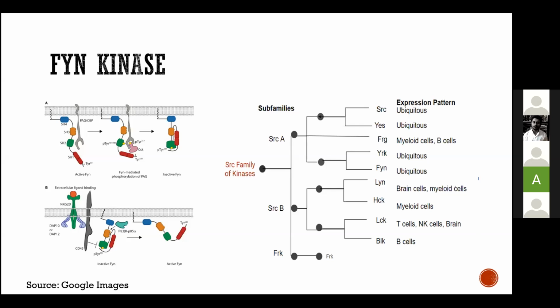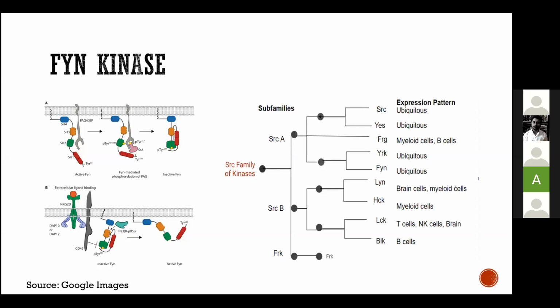Our study particularly focuses on Fyn. So the question is why? Why are we focusing on Fyn particularly when there are so many SRC family kinases present in so many places?